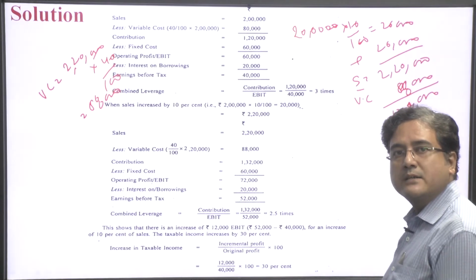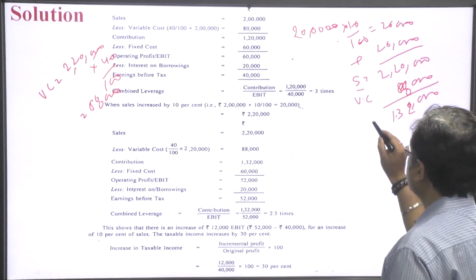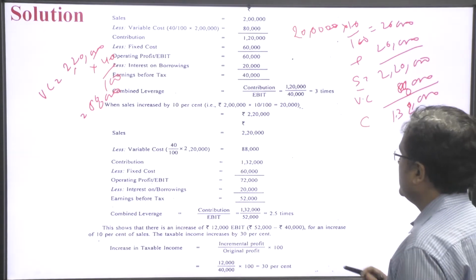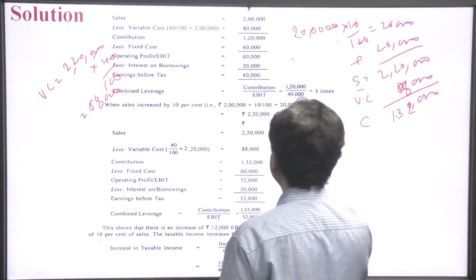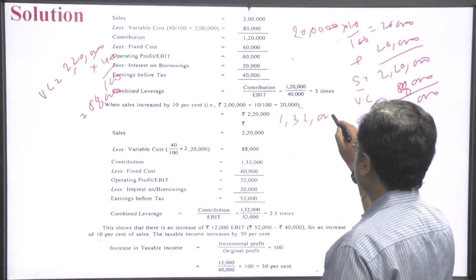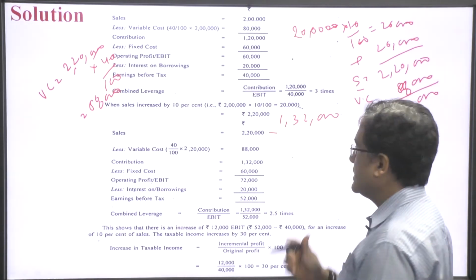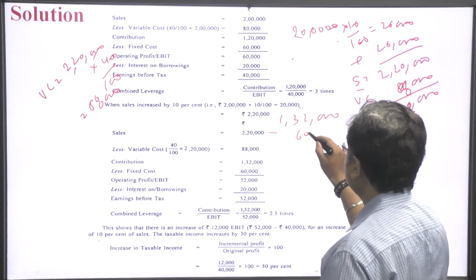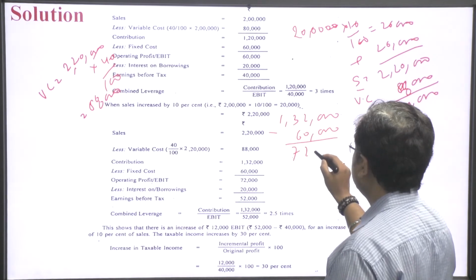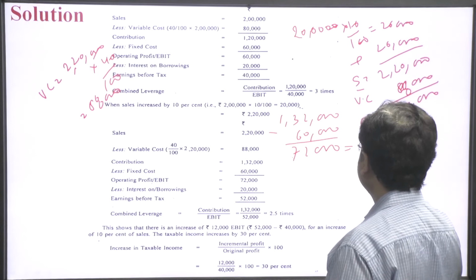Contribution equals 1,32,000. If we deduct fixed cost, which remains the same at 60,000, the remaining balance is 72,000. This is operating profit, EBIT.